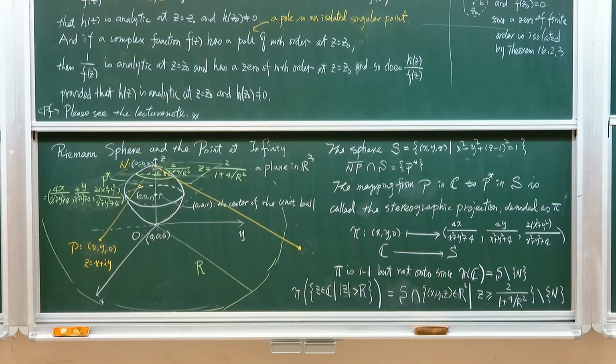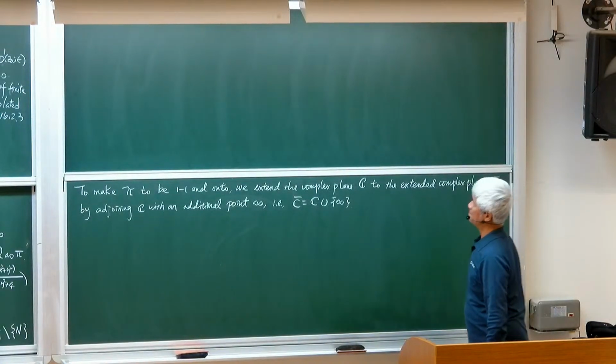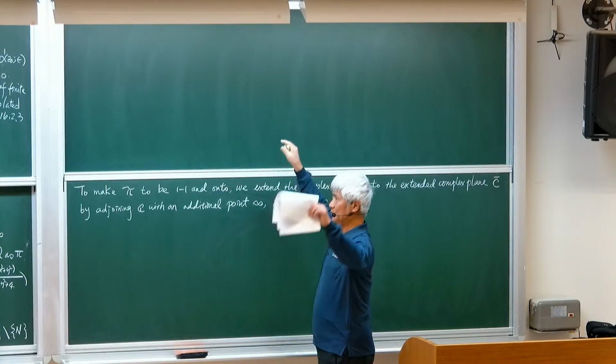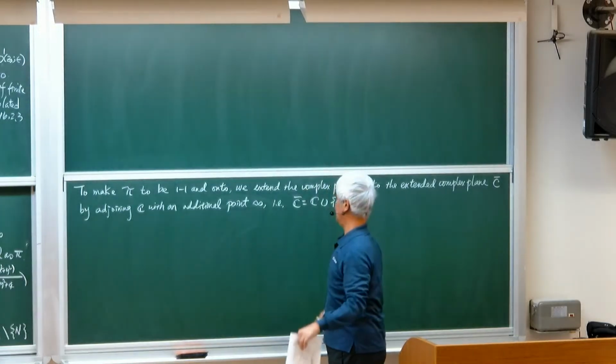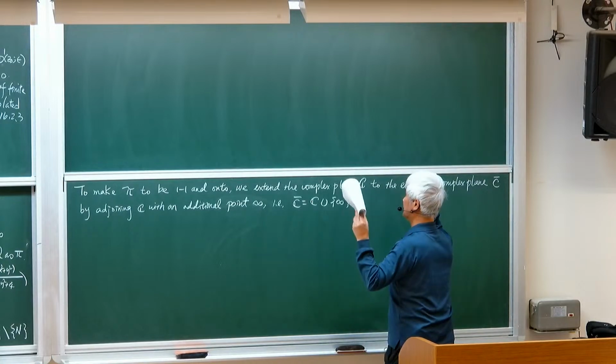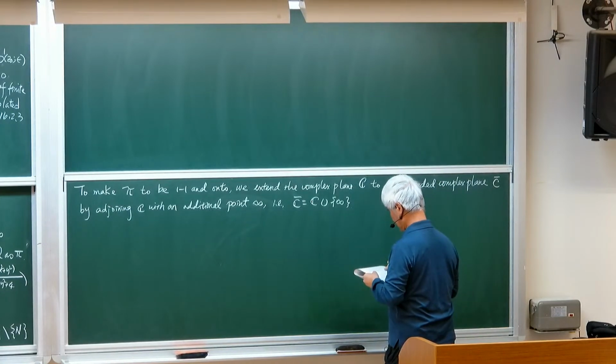So we extend the complex plane by adjoining an additional point called infinity. You can imagine that point.